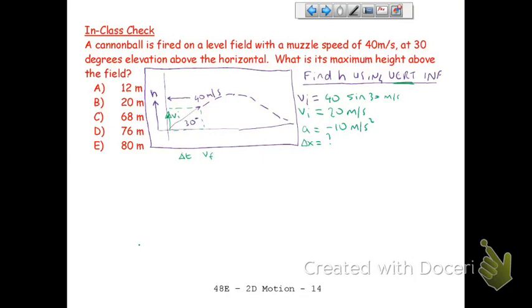VF is 0. You can recognize and say, well, if that's the end of my journey, and there's the start of my journey, I'm going slower and slower and slower until I stop. So VF is equal to 0 meters per second. And notice that's not written down anywhere. That's purely from context.